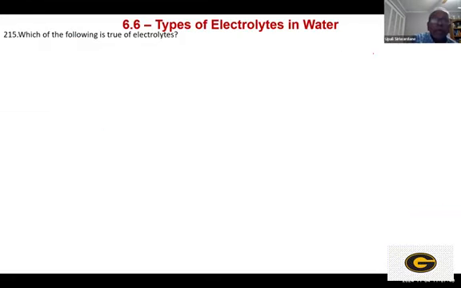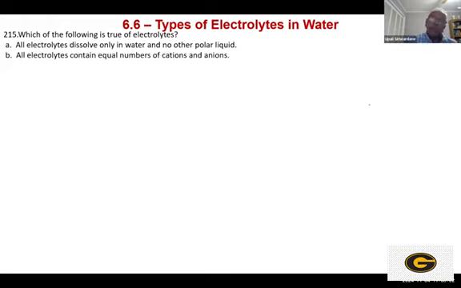Types of electrolytes. An electrolyte dissolves only in water and no other polar liquid. There could be other polar liquids like ammonia. Therefore, that's not true.